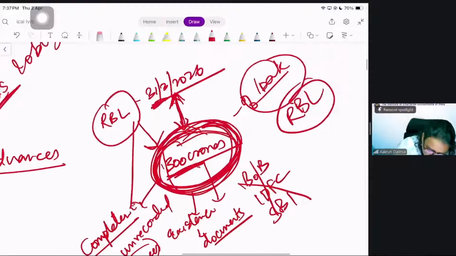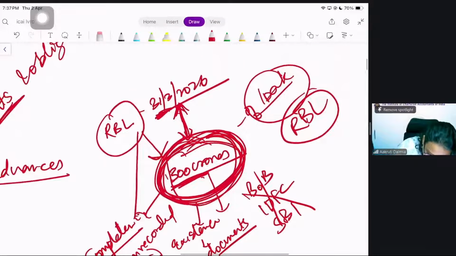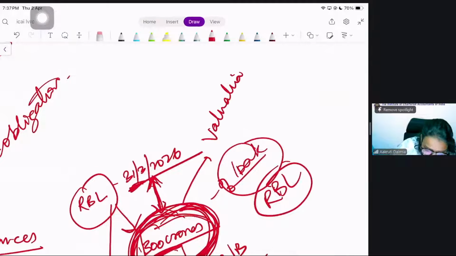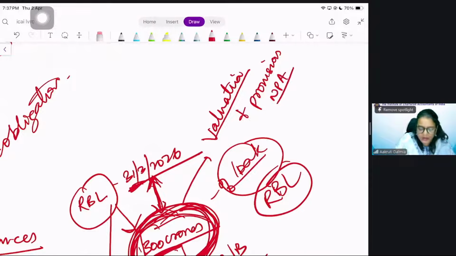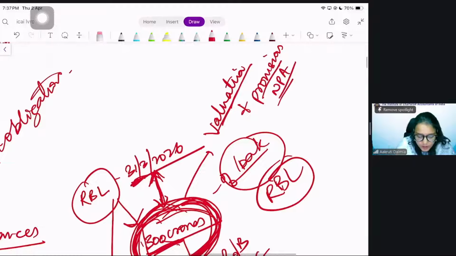Then this 300 crores value is correct. So the valuation of the advance is appropriately done. It means all provisions are also correctly done. If NPA provisions had to be made, they have been made. If it had to be divided into substandard and standard, it has been done. So valuation is correct and provisions are also correct.